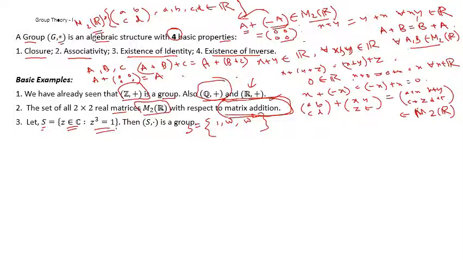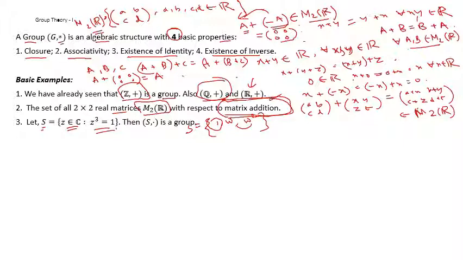Now we can easily see that they form a group because if we multiply under multiplication, if we multiply any two elements আমরা ওই সেটের একটা এলিমেন্ট পাবো। Identity element is 1. Multiplication is always associative because multiplication of complex numbers is associative.